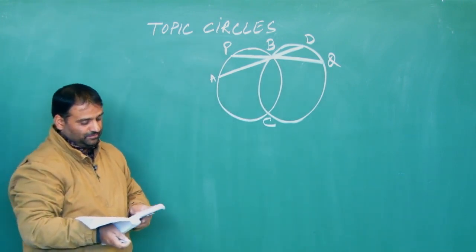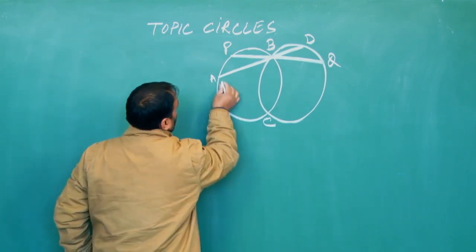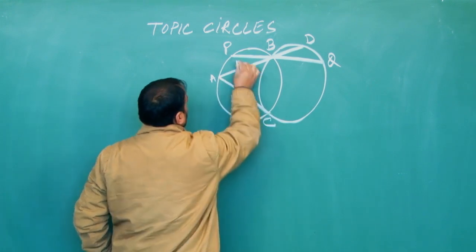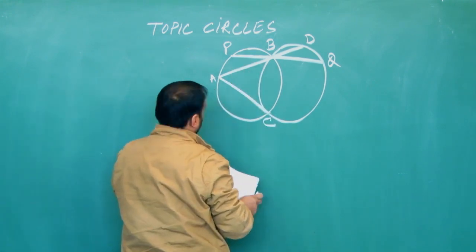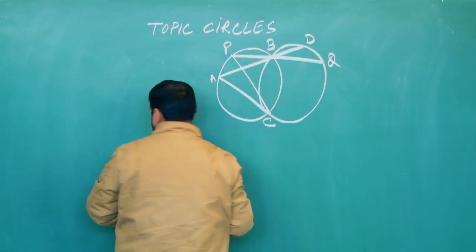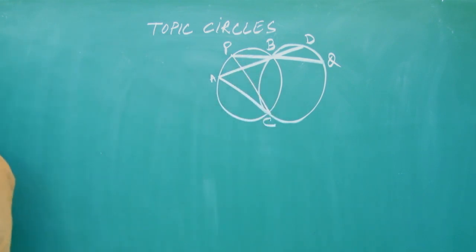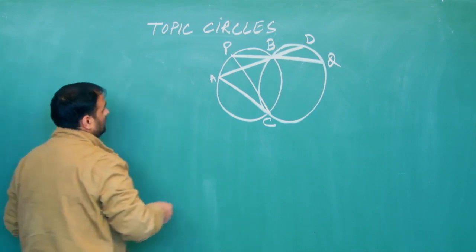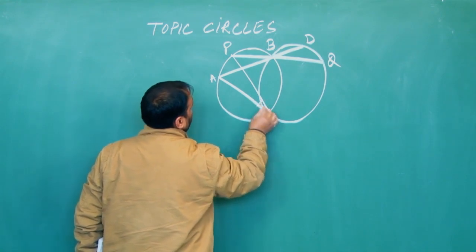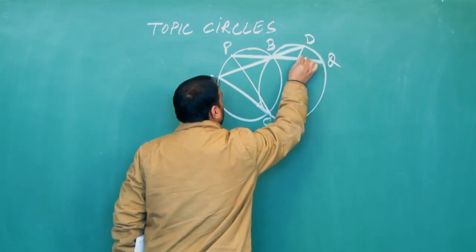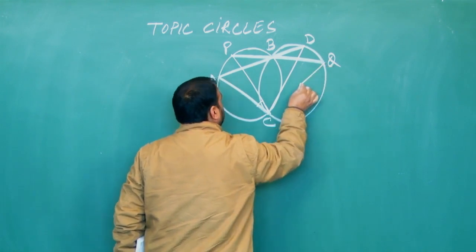Prove that angle ACP is equal to angle QCD. This angle ACP is equal to angle QCD.